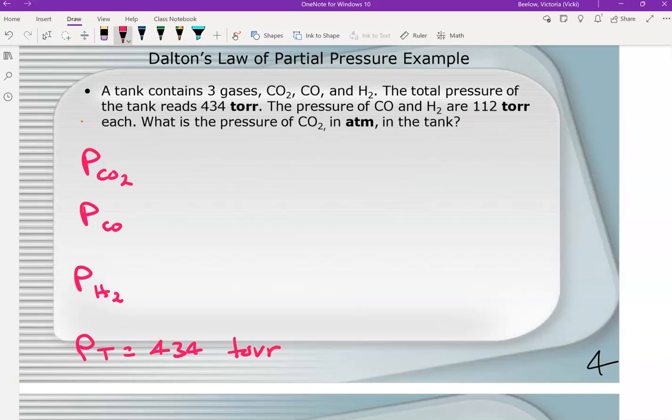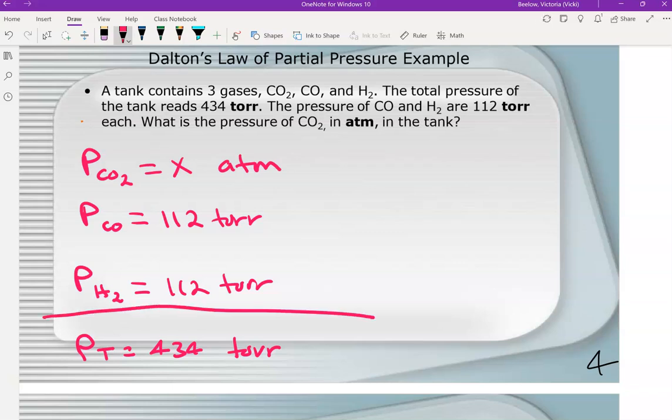And then it says the pressure of the carbon monoxide and the hydrogen gas are both 112 torr each. And then it says, what is the pressure of the CO2 in ATM?